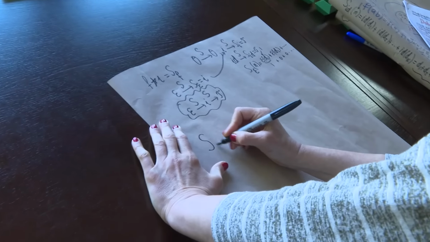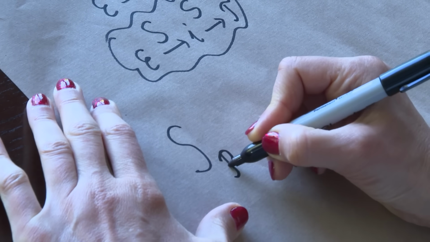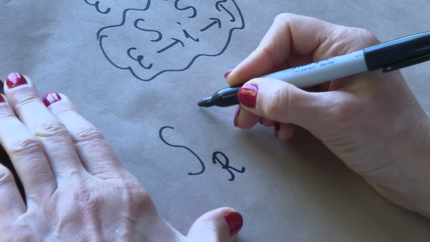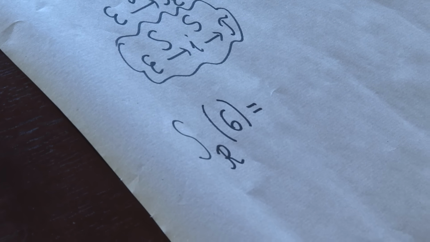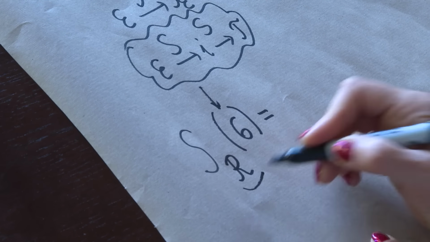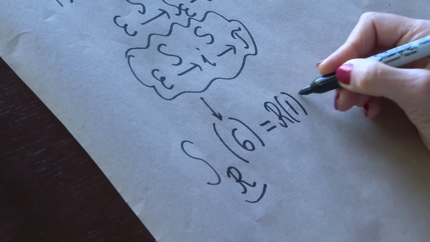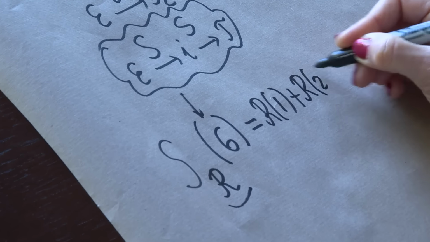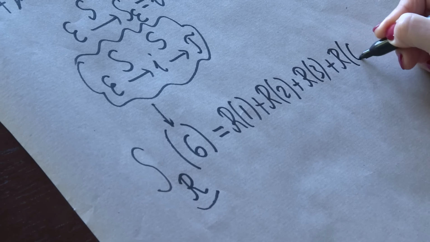So let us think. Let's take it slow. So what's the sum function of the Raffle function at 6? All right, I have to keep taking the divisors of 6, feeding them into the Raffle function and adding up. So Raffle of 1 plus Raffle of 2 plus Raffle of 3 plus Raffle of 6.